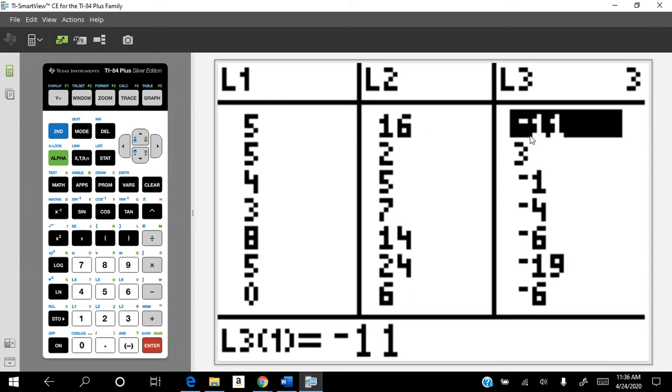So here we have the differences. Make sure you understand what this data is saying. This person scored a 5 when he or she drank caffeine, but then scored a 16 when they did not have caffeine. So the difference is -11.